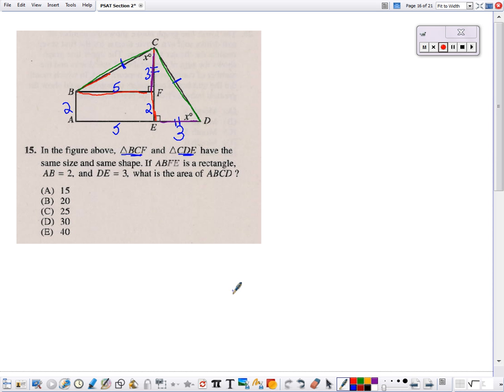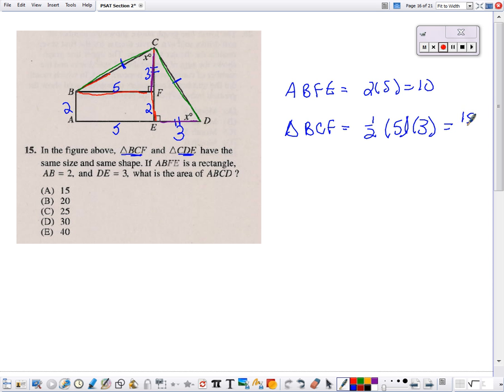So when I go to figure out the area, I'm going to do this in 3 pieces again. First, my rectangle. So that's ABFE is base times height, which is 10. And triangle BCF is 1/2 the base times the height, which is 15 divided by 2.